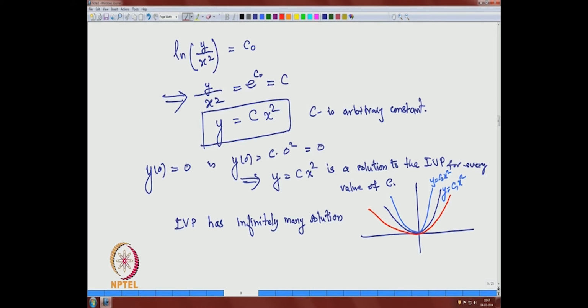So this is a family of parabolas. You get infinitely many parabolas that happen to be solutions of the initial value problem. So therefore, for an initial value problem, there is a possibility that the solution is not unique. It may have infinitely many solutions.